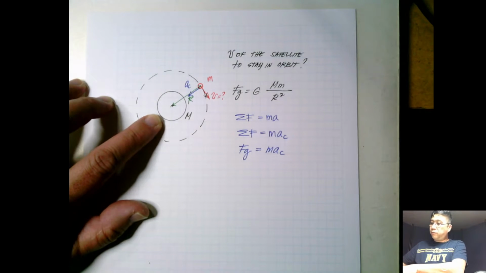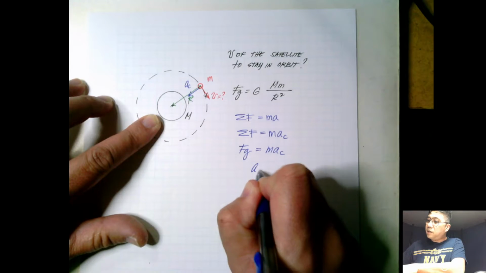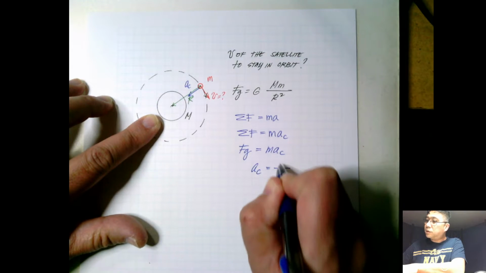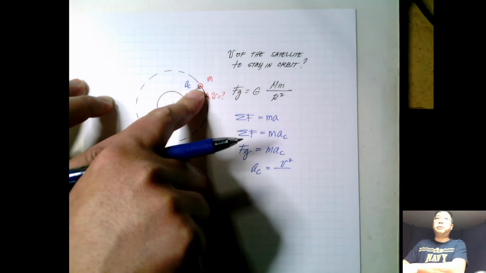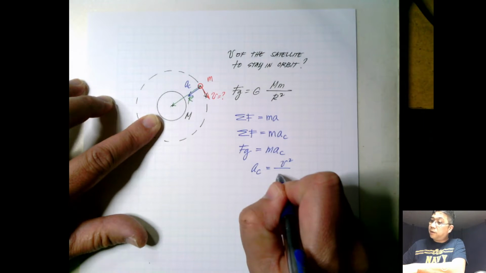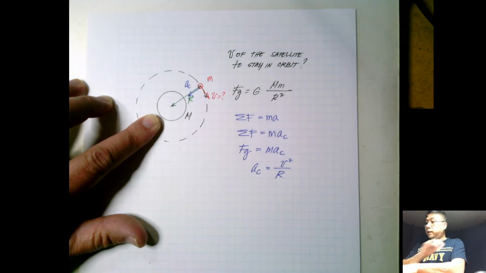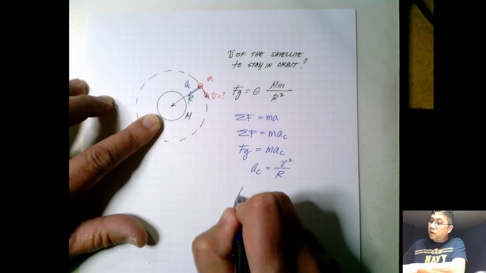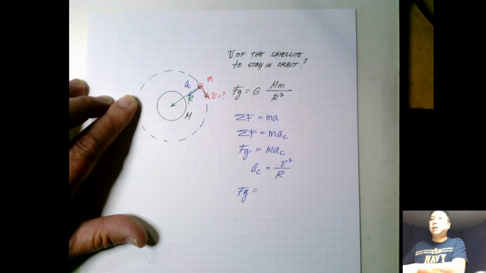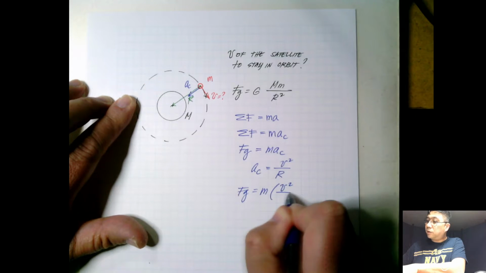From previous videos, Ac is equivalent to the square of the velocity of the orbiting object divided by the radius r. That will be our Ac. Now let's start plugging in values: Fg equals m multiplied by the velocity squared over r.